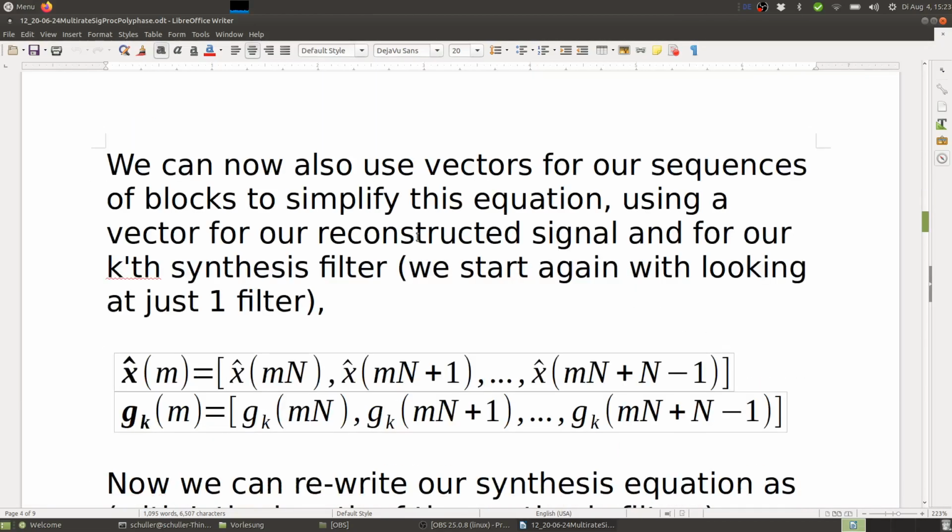So now we can use also the vectors for our sequences of blocks to simplify this equation, using a vector for our reconstructed signal and for our kth synthesis filter. And we start again with looking at just one filter. So here is now our reconstructed signal. It has the same definition as for our original audio signal, just taking blocks of our signal, and m is the block index again.